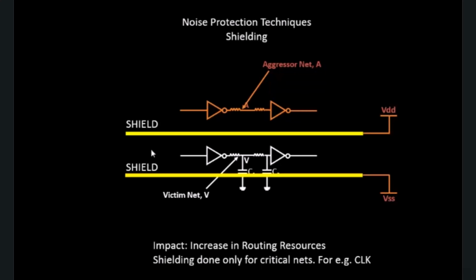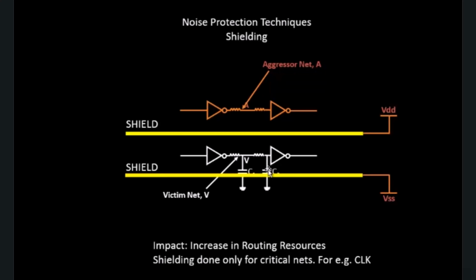And for the other nets which we see getting impacted, for example, if this was a part of a data path, in that case we select a handful of victim nets and shield them in order to protect them from the aggressors. These nets are identified only at the later stages of the tape out phase.